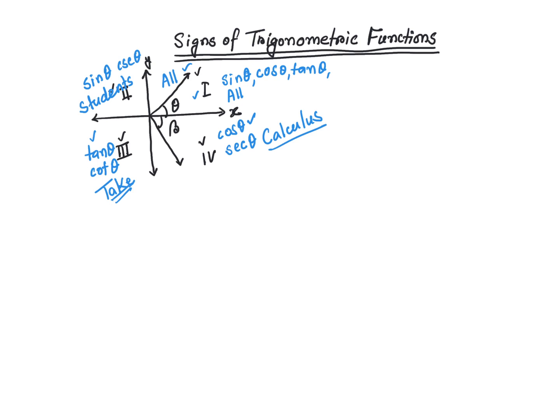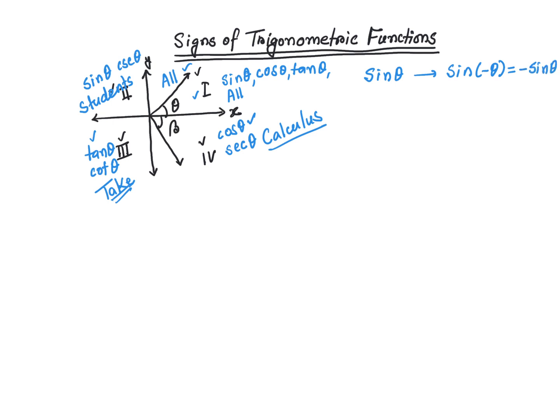Now let's talk about just a few properties of these angles when it comes to replacing theta with negative theta. That means you are taking the opposite angle, I guess. So let's say you have sine of theta. Now if I replace it by negative theta, so if I have sine of negative theta, then sine of negative theta is equal to negative sine of theta.